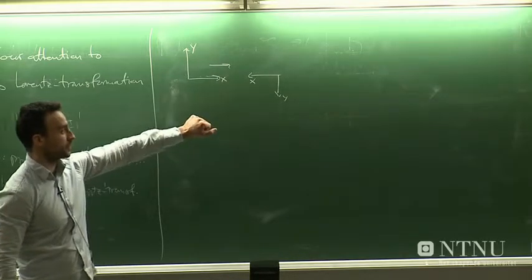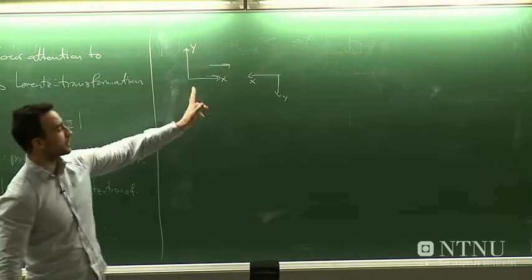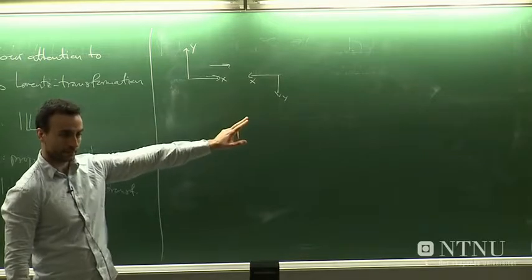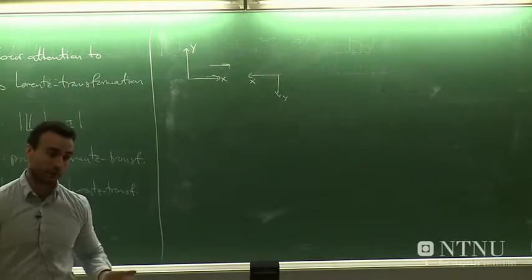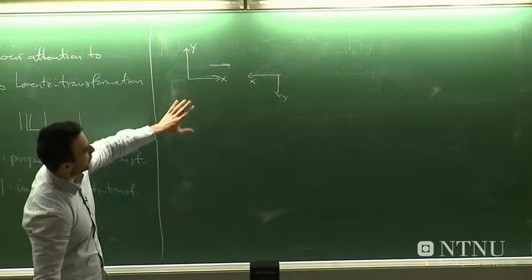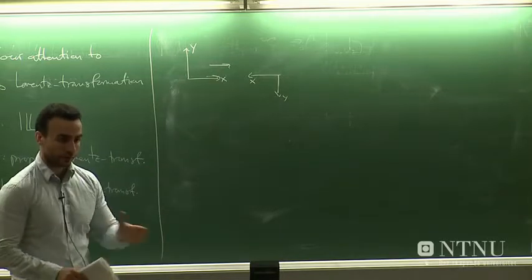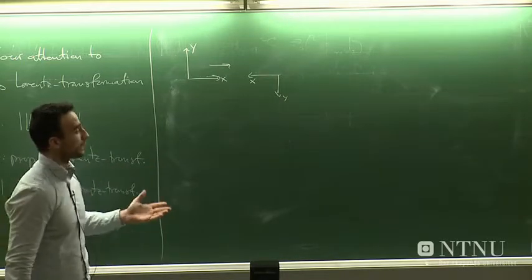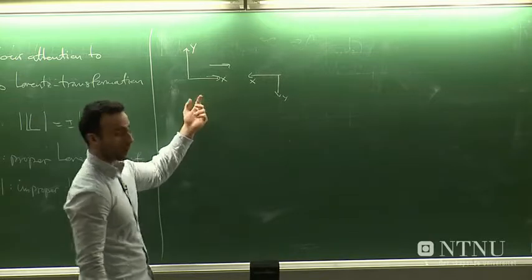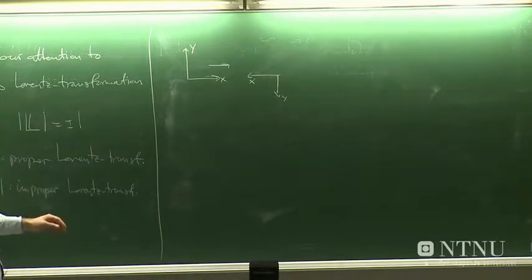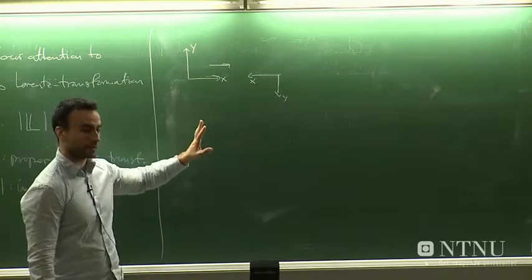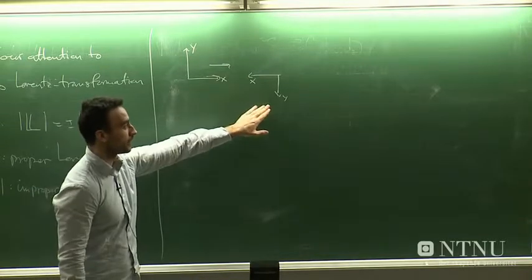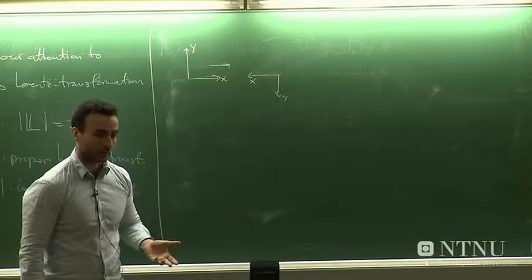And I challenged you to try to find a way you could rotate this system to this. And I think we agreed that it was impossible, because this corresponds to an inversion of the coordinate axis. So there's no way I can obtain this system simply by rotating this system. And the transformation corresponding to going from here to here would have a determinant equal to minus 1.